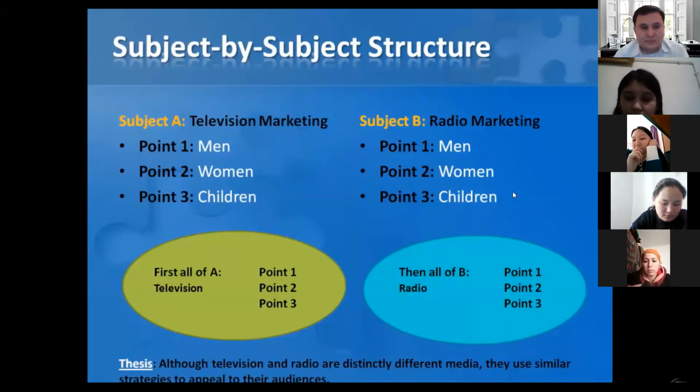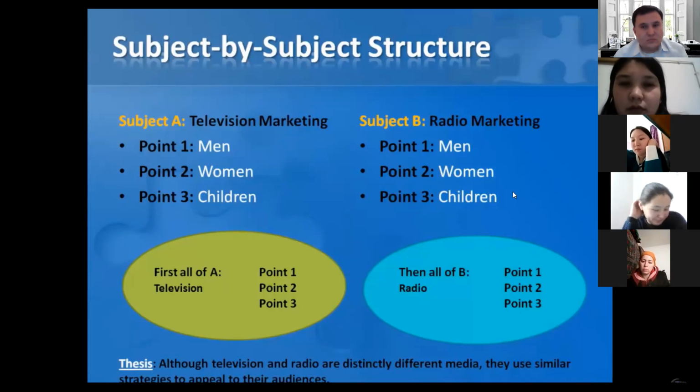Let's say for men on television marketing, commercials targeted to men sometimes use sexy females and sometimes sexy female voices. Well, in radio marketing, they often use sexy female voices when they are targeting men. So radio is not a visual medium, but you still have sexy voices in television marketing and sexy voices in radio marketing when it comes to men. All right, let's continue.